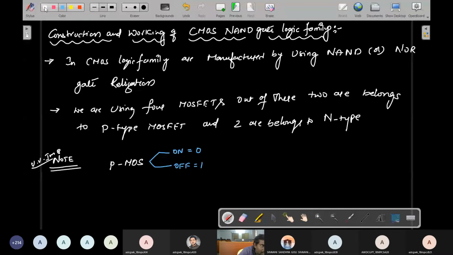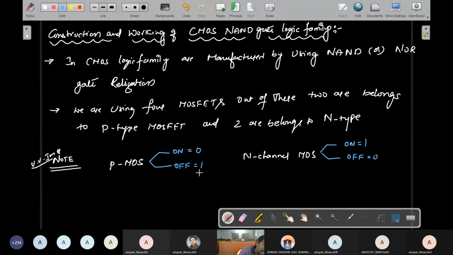So please remember. In the same way, N channel MOS is quite opposite to P channel MOS. PMOS is operating if a low digital value is applied to the PMOS, then the PMOS is going to be activated.